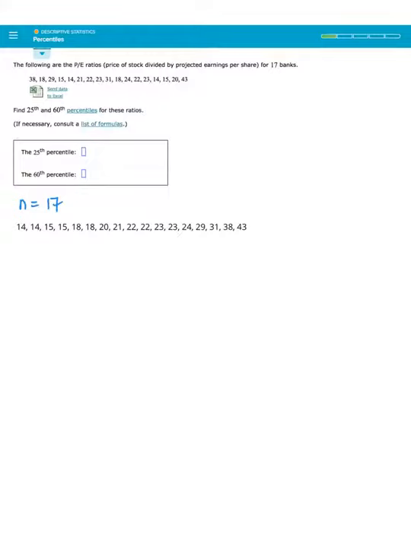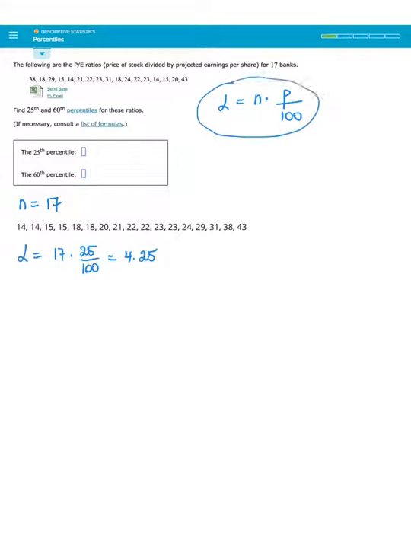Just like before, I note the sample size, which is 17, and I arrange my data elements in order from least to greatest. Now I will compute the 25th percentile for this data, and my first task is to find quantity L. Recall that L is computed by multiplying sample size by p over 100, where p is the percentile you're working with. In our case, L is equal to 17 times 25 over 100, which came out to be 4.25.